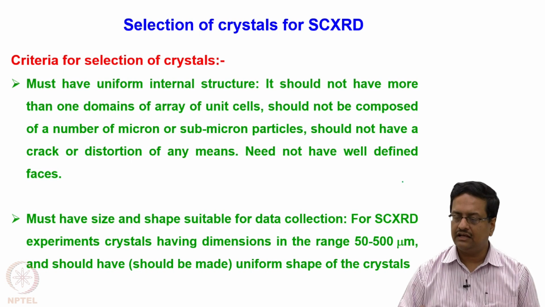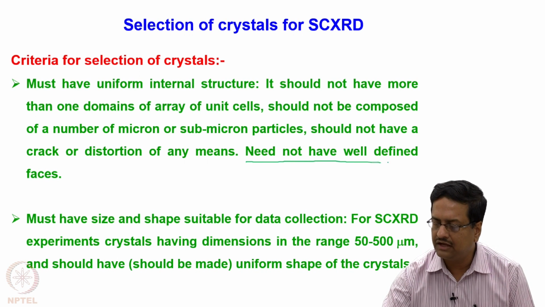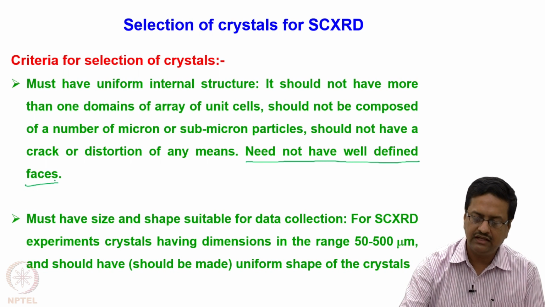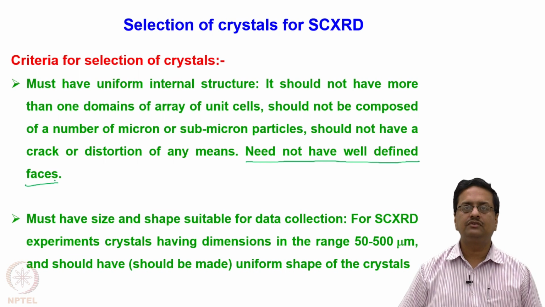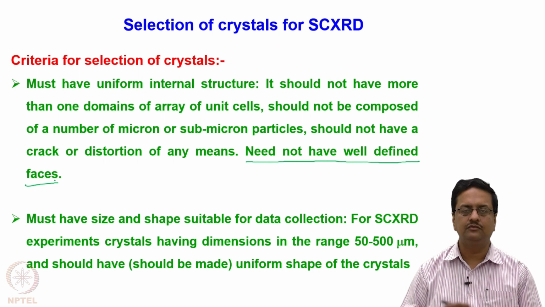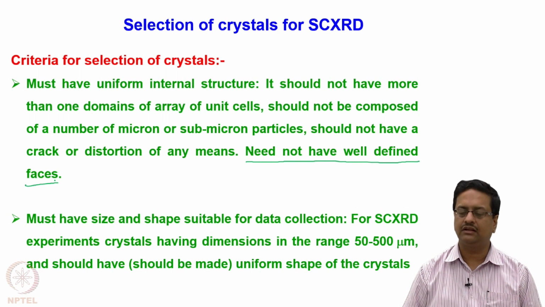One should remember that the crystals need not have well-defined faces. The external faces may not be well-defined. One should be able to cut the crystal under microscope and expose some of the faces and then try to see it under the microscope.